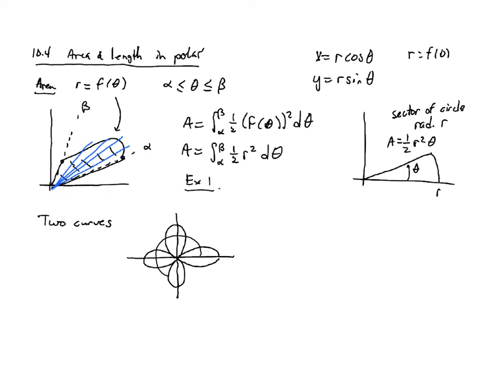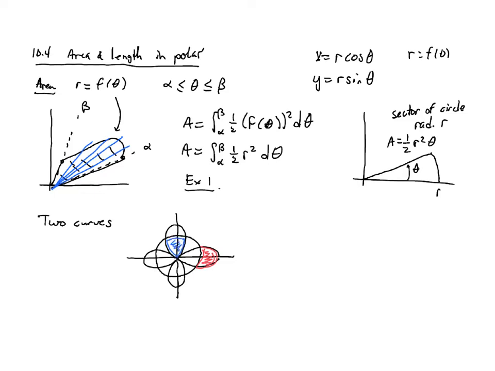Both of these are perfectly reasonable curves, and maybe you're asked to find the area that is outside one of the curves but inside the other curve. Or maybe you're asked to find the area that's inside both the curves.